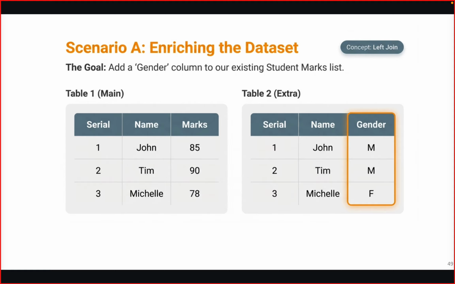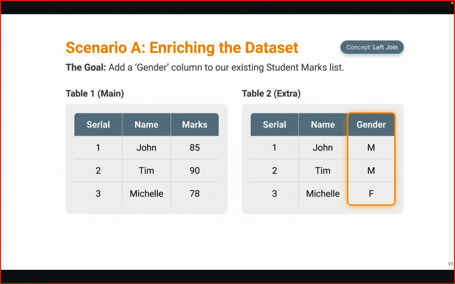I can merge these two tables by using the name to connect to another table and bring in the gender. Got it? So we have more columns. When you use join, you get more columns, more variables.